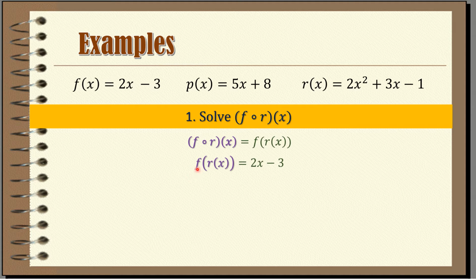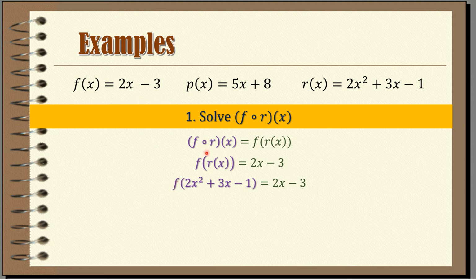Since this is f, then we have to take its function and write it here on the right side of the equation. And then after that, we are going to write here the value or the function of r of x. So that is 2x squared plus 3x minus 1. So this is the function of r of x, which is written here above. And the function on the right side belongs to f of x, which is 2x minus 3.